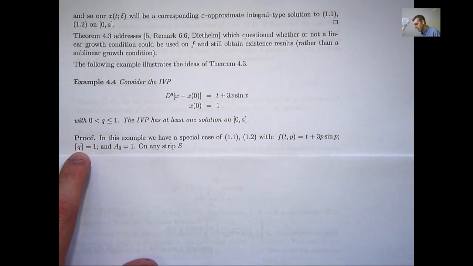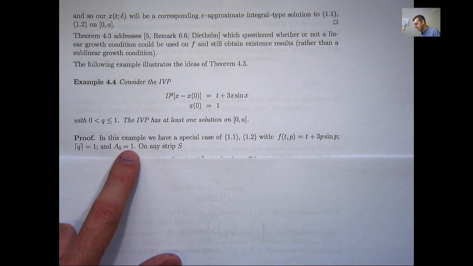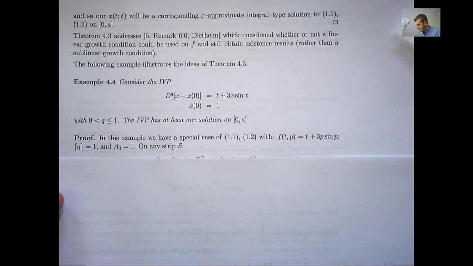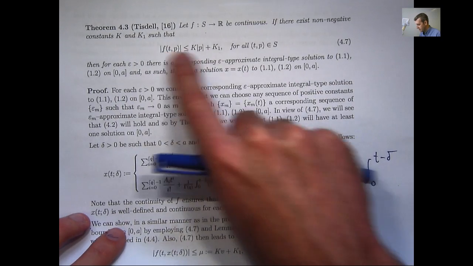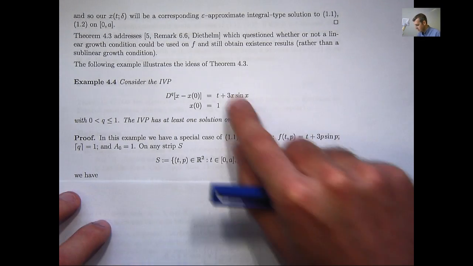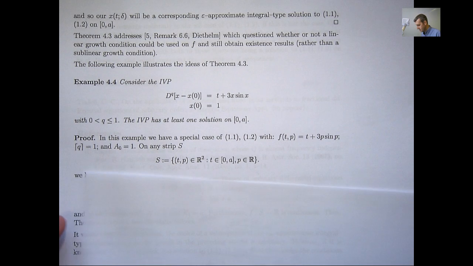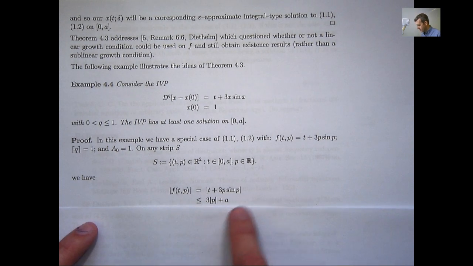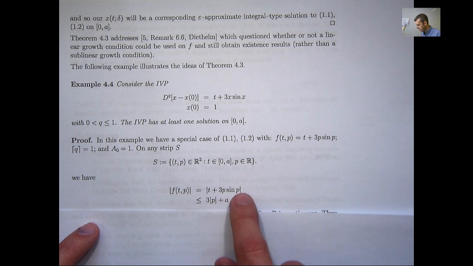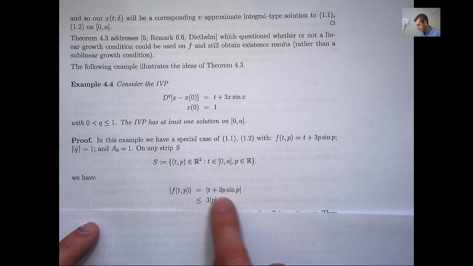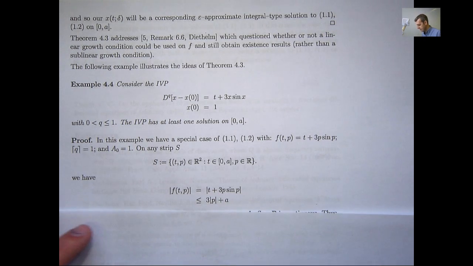The ceiling of Q is just 1 here, a sub naught is 1, and so on any strip, what we want to do is show that this holds and that f is continuous. Obviously the f here is going to be continuous, and it's just coming up with the inequality 4.7. So let's take this. Sine, of course, is bounded between -1 and 1, so I can come up with the following: t is between 0 and a.